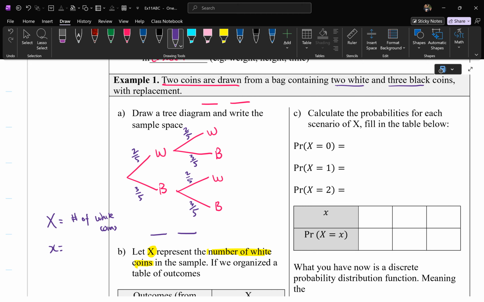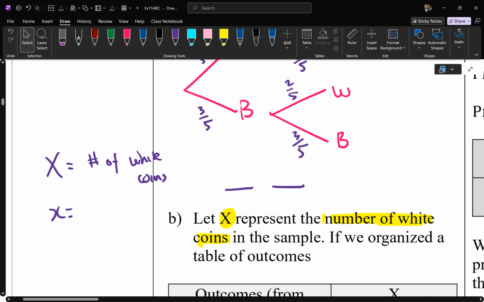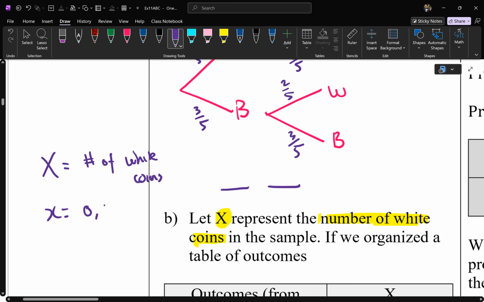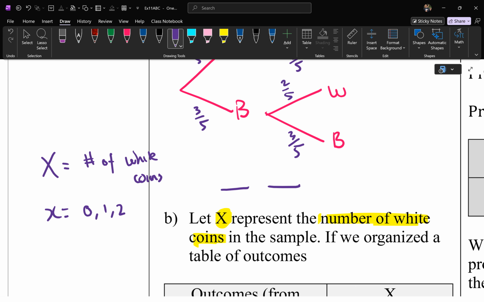Let's go with Massey for this example. So, could be 0 or 1 or 2 because I'm only doing 2 trials, right? Out of those 2, it's possible that I could have got black and black, so that means 0 whites. I could have got black and a white, so I get 1 white.